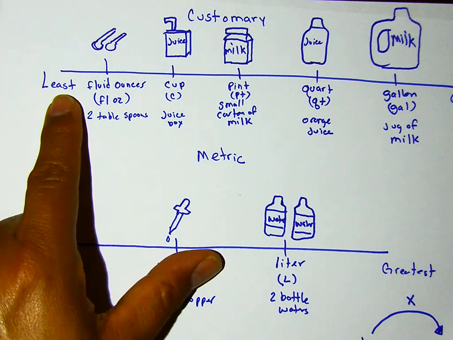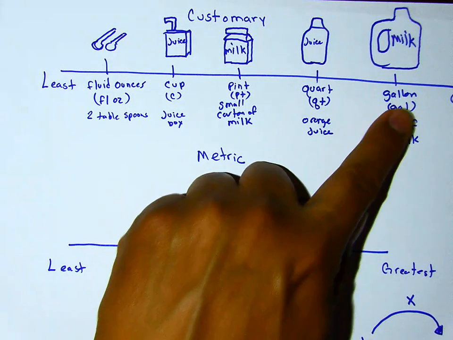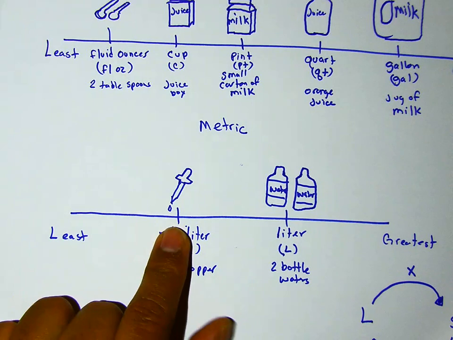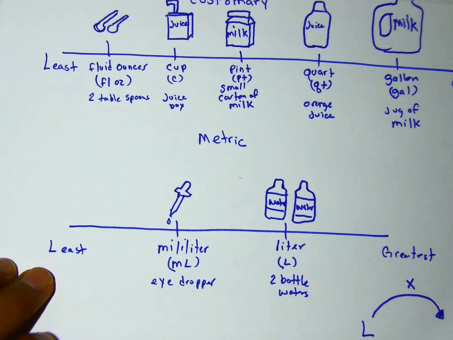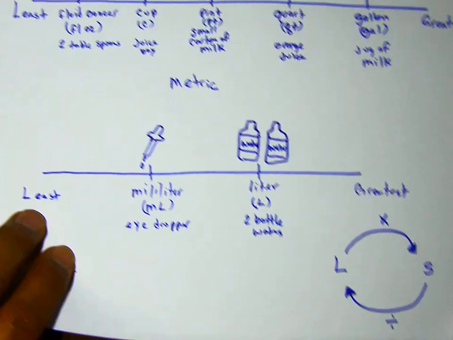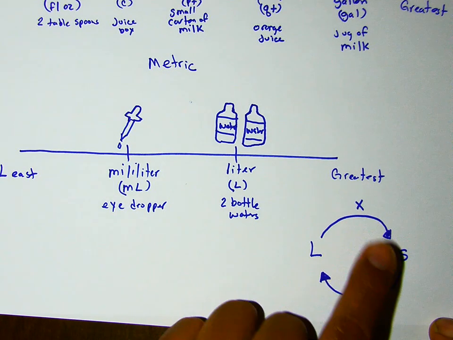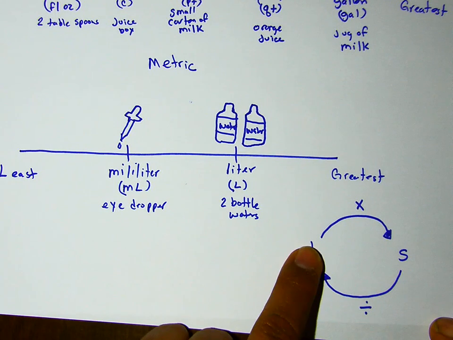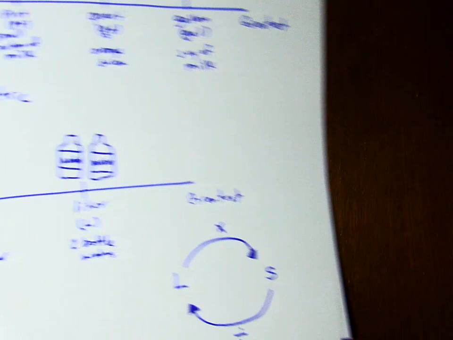So the smallest one would be a fluid ounce, then a cup, then a pint, then a quart, then a gallon. And for the metric, we have milliliter and we have the liter. And remember, anytime we're going from a larger unit of measure to a smaller unit of measure, we're going to multiply. If we're going from a small unit of measure to a large unit of measure, then we're going to have to divide.